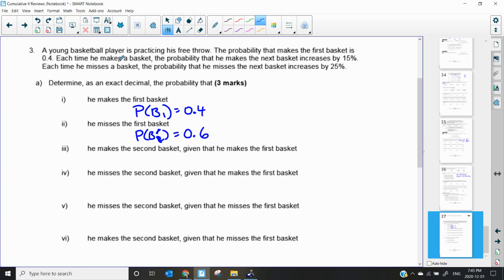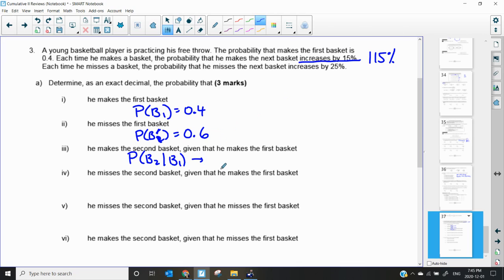Now it says each time he makes a basket, the probability that he makes the next basket increases by 15%. That means it'll now be 115% of the original amount, so we can multiply by 1.15. So we want to know the probability that he makes the second basket given that he made the first basket.